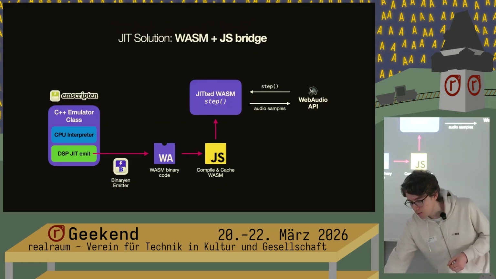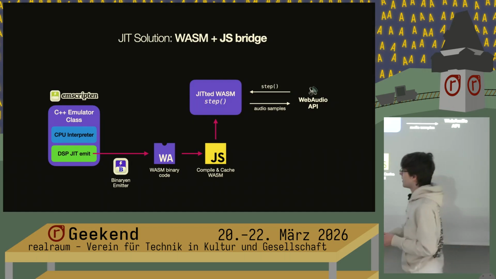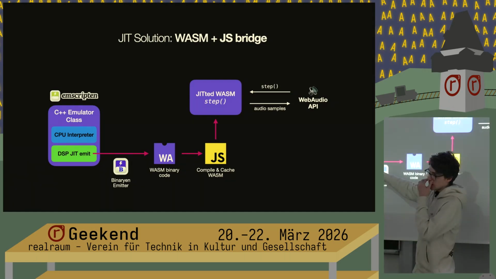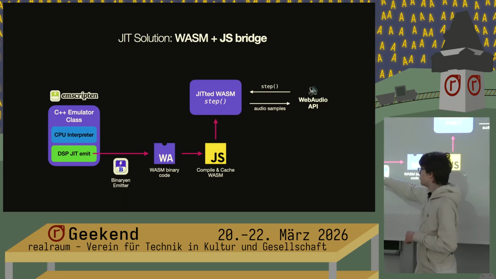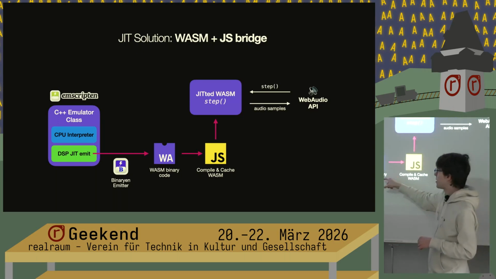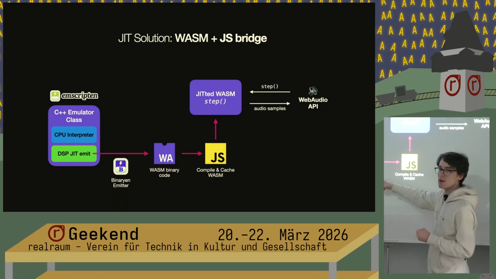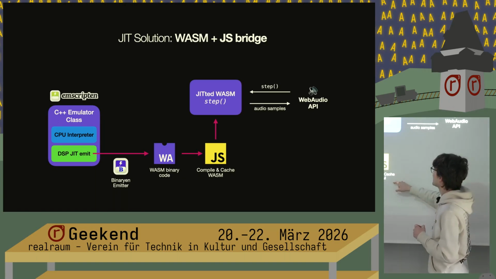So what is the hack that this thing does? Now we have the C++ emulator, which emits JIT for the DSP using Binaryen. And it essentially generates WASM binary code, which then gets passed to JavaScript, which compiles and caches it.